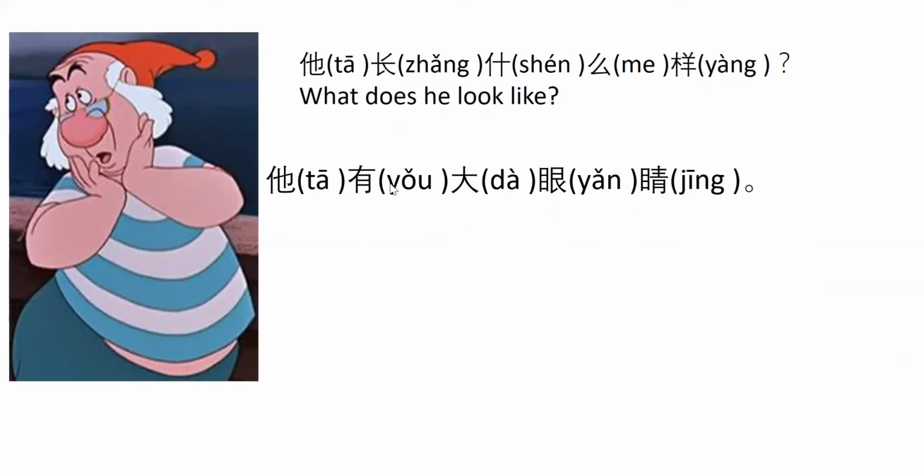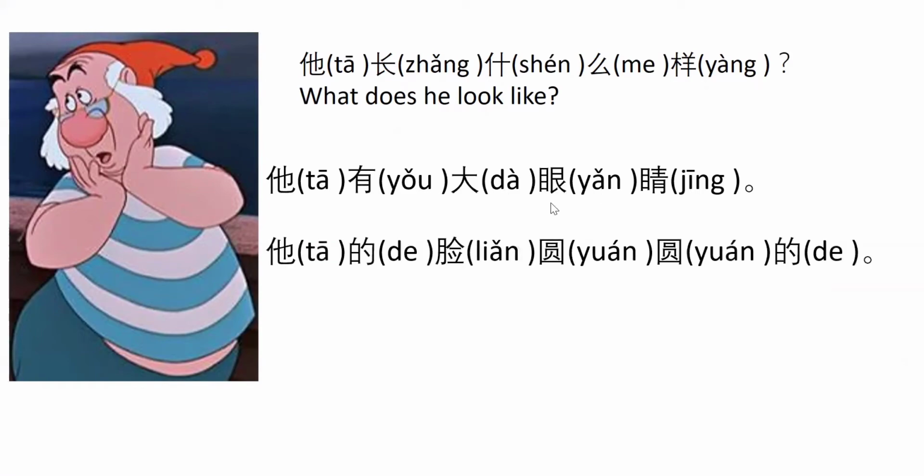He has big eyes, which is true. Second sentence pattern. The subject is 他的脸, which means his face. 他的脸圆圆的. 圆 means round, 圆圆的 means very round. So his face is very round. That's the second sentence pattern.